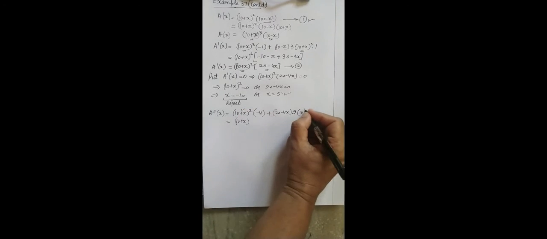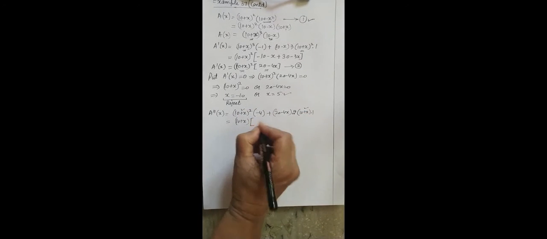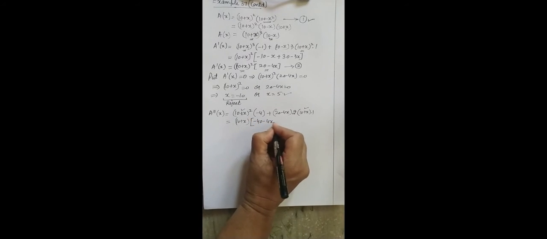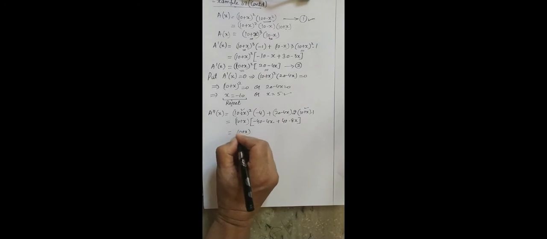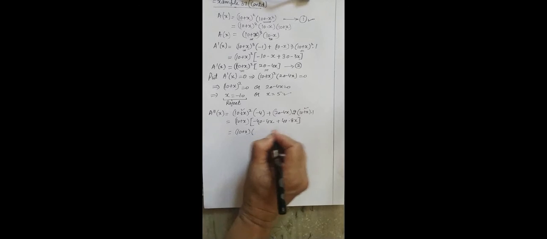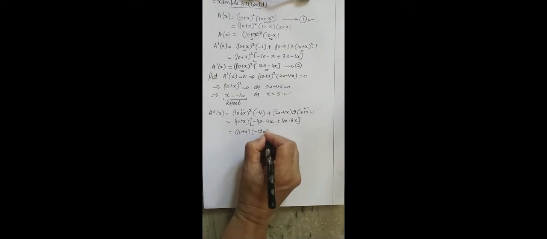Here I will be left with minus 4 into 10 plus x, which will be minus 40 minus 4x, and 10 plus x is common and I will be left with 20 minus 4x into 2, which is 40 minus 8x. So it is 10 plus x into, now 40 minus 40 is 0, minus 4x minus 8x is minus 12x.